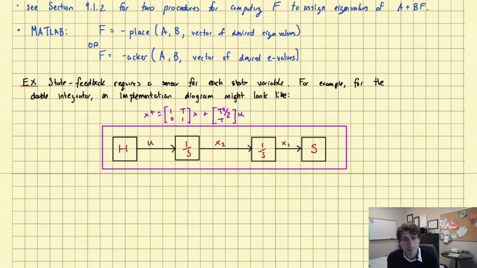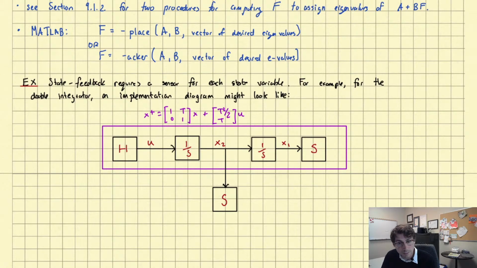So now if we're doing state feedback, what we're saying is that we have a sensor that can measure both x2 and x1. And so what that would look like is, not only would we be able to measure x1 from the sampler, but we'd have to have an additional sensor here to sample x2.